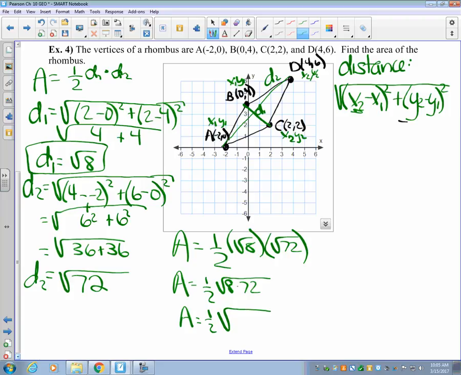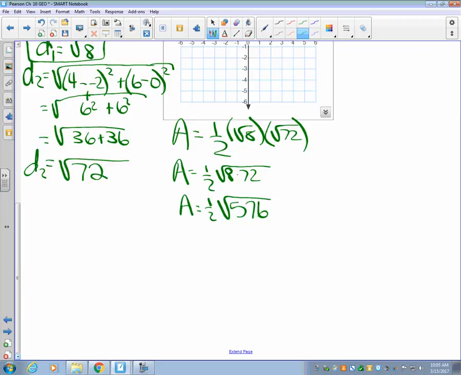Eight times 72 is 576. Square root of 576, crazy enough, it is a perfect square. It is 24, and 1/2 of 24 is 12.